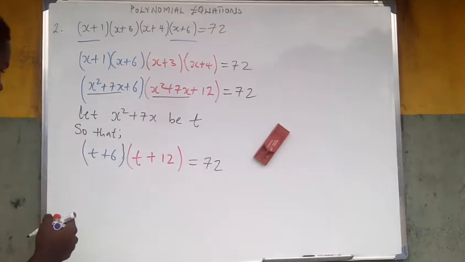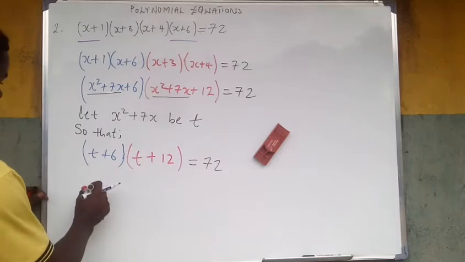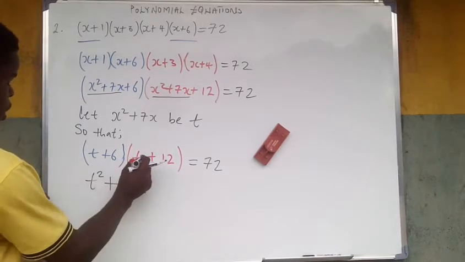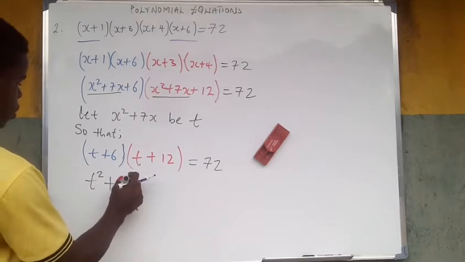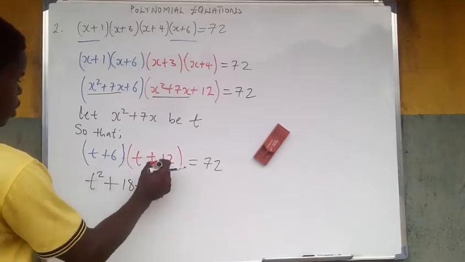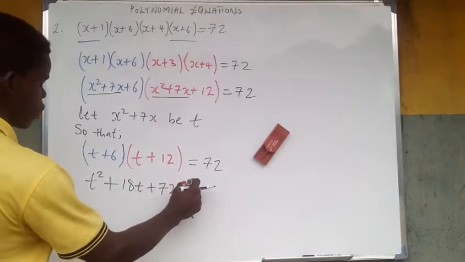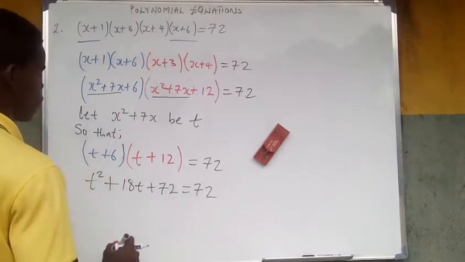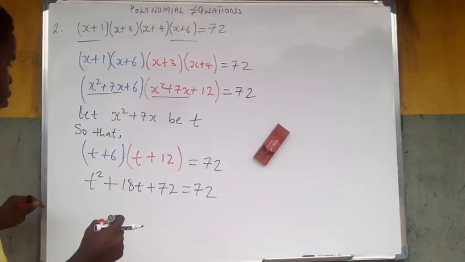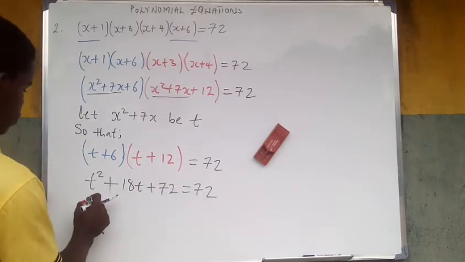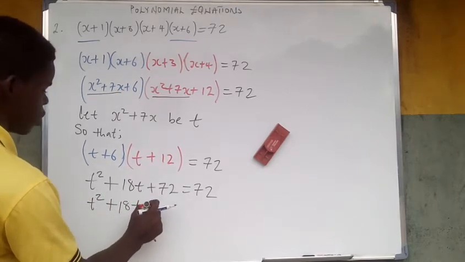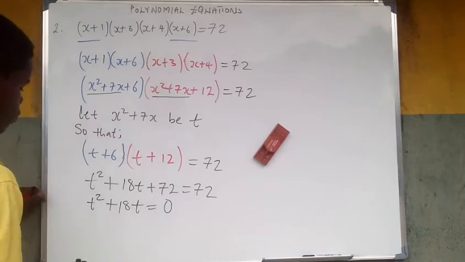Now we can expand that. Expanding this, we're going to have t squared plus 18t plus 72 equal to 72. Okay, that means t squared plus 18t is equal to 0.